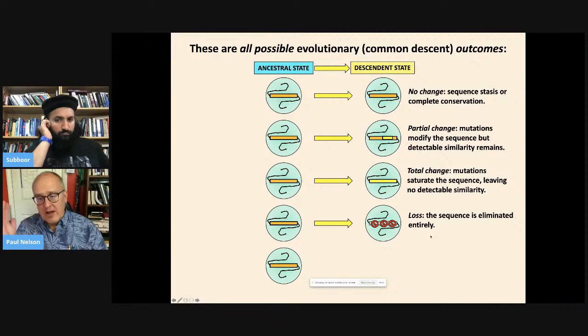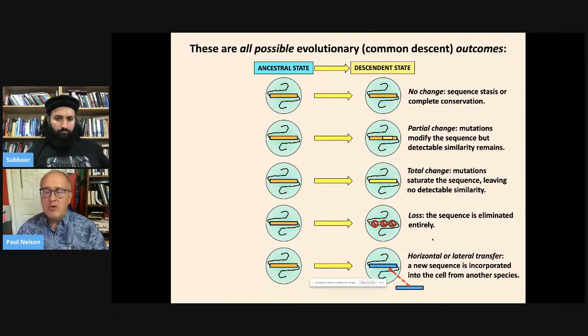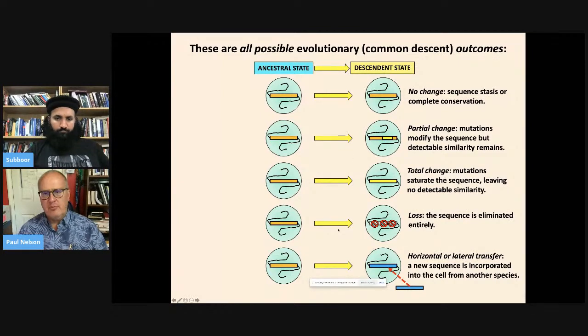Or the sequence is lost. It's eliminated entirely from the cell, or it is replaced by horizontal transfer from another sequence coming in, an exogenous open reading frame coming in from some other species. All of these are possible outcomes.